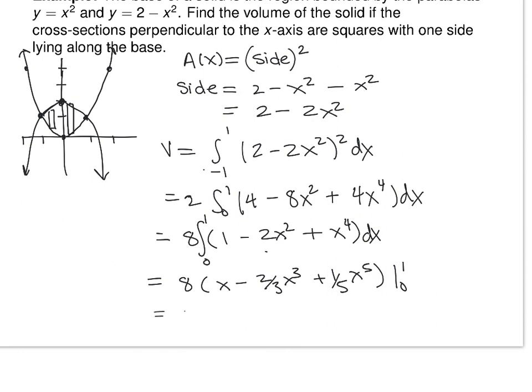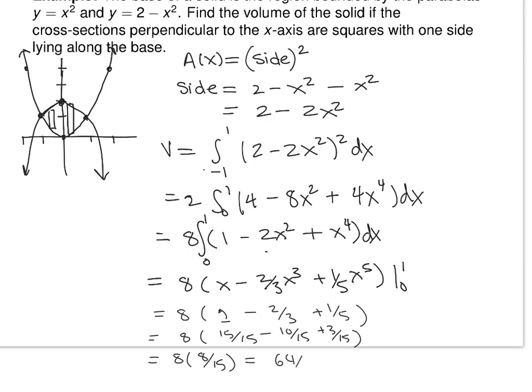And that's 8 times 1 minus 2/3 plus a 5th. Getting a common denominator, that's 8 times 15/15 minus 10/15 plus 3/15, or 8 times 8/15, which is 64 over 15.